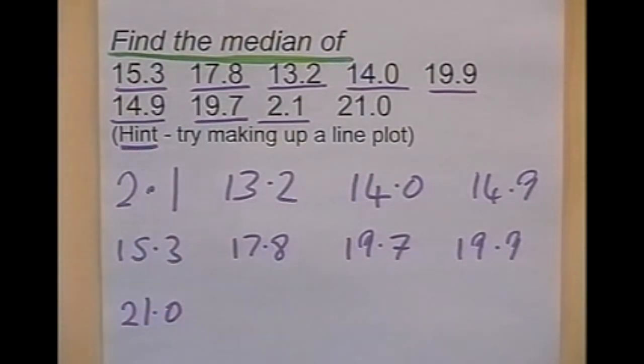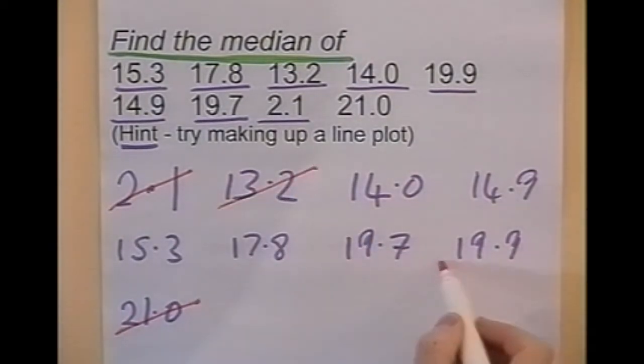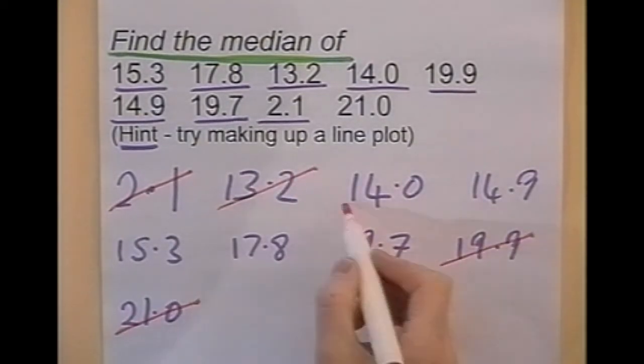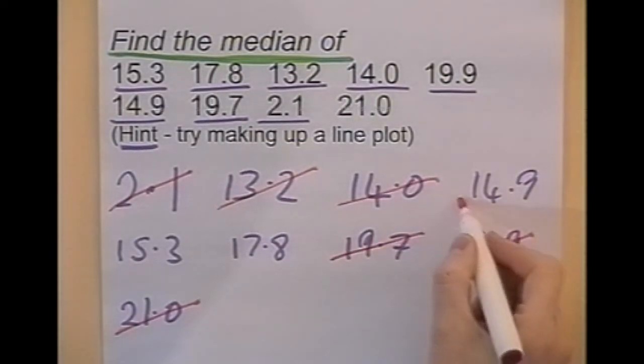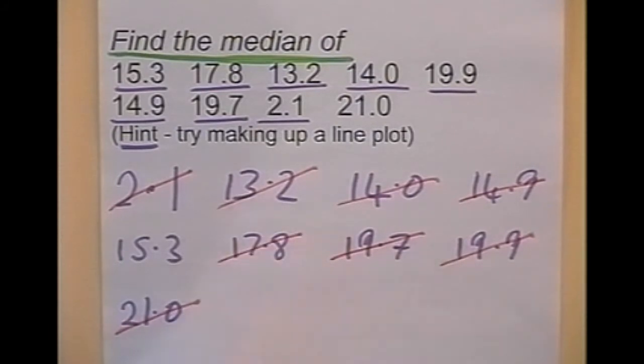Now I want to find out the value at which half the measurements in the sample lie below and the other half lie above. So what I'm going to do is cross out the lowest number and the highest, the second lowest and the second highest, the third lowest and the third highest, the fourth lowest and the fourth highest. Now this has worked out quite well actually, because there's just one number here, 15.3.